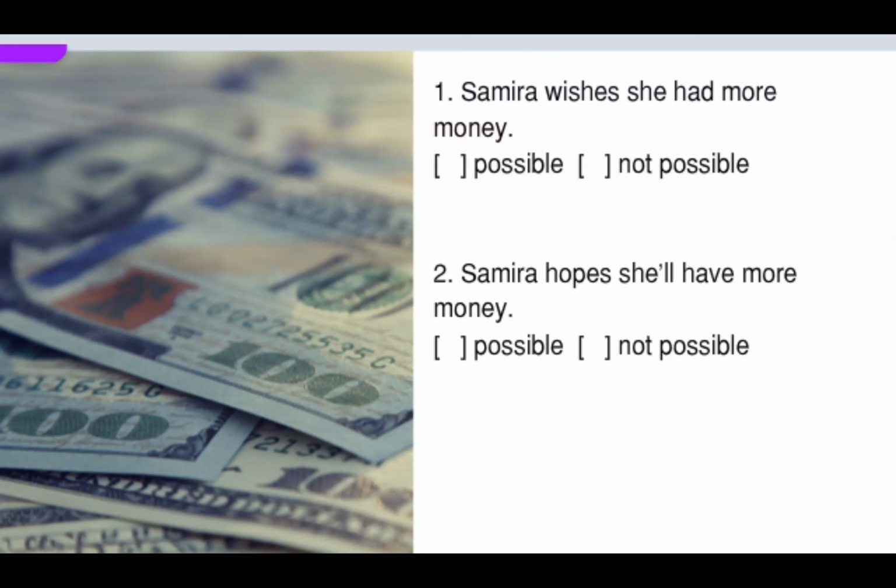Samira wishes she had more money. The first sentence is a situation that is not possible. Read the second sentence. Listen to the second sentence. Samira hopes she'll have more money. The second sentence is a possible situation.